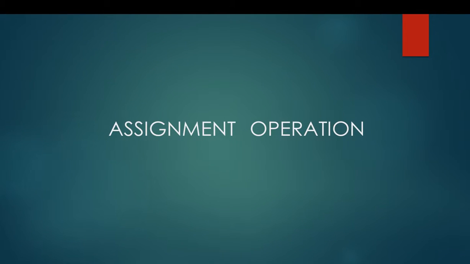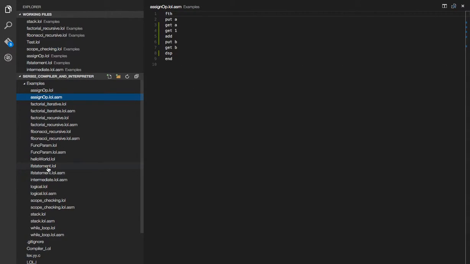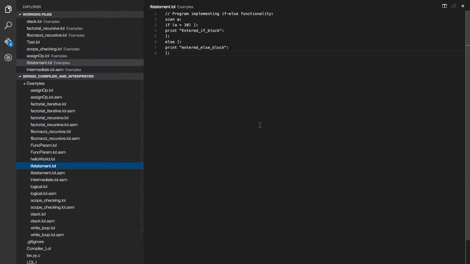The next functionality that LOL supports is decision construct, which is supported using the if-else statement. In the corresponding if statement program, we are getting the user input into a, and checking whether a is greater than 10. If it satisfies the condition, it will enter the if block. If it does not, it will enter the else block.